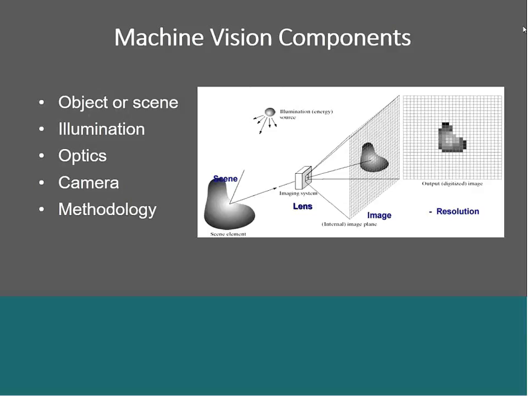I've changed the slide on machine vision. Machine vision has been used for decades to describe an image processing environment where a computer makes the decision based on the execution of some software algorithms rather than a human inspector.